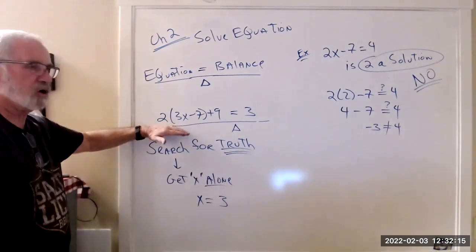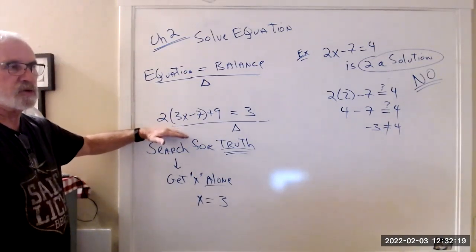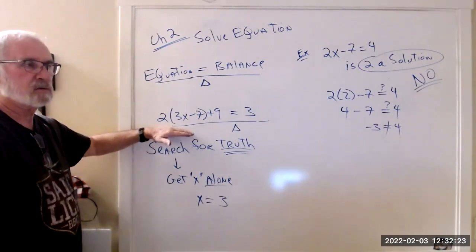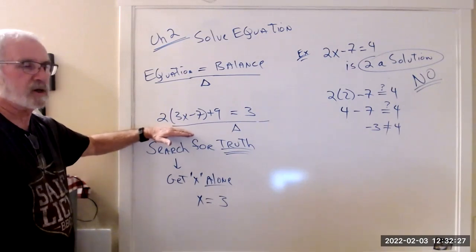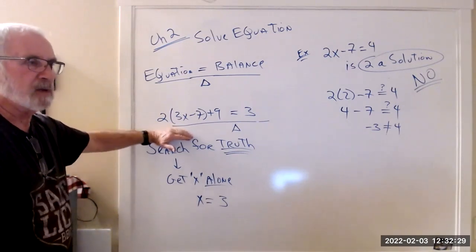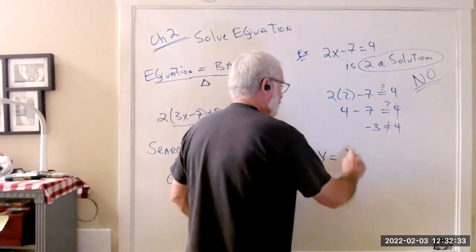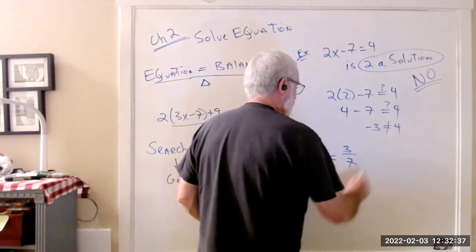If you want to solve this and find the solution, you can either guess, which means you might be there forever, because when I do problems on the test, my answers are like 3/7.